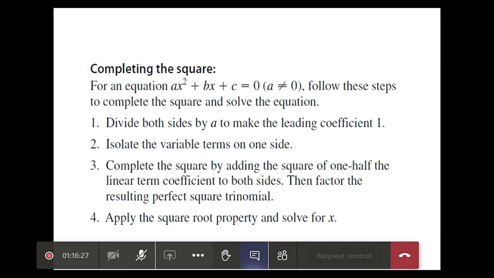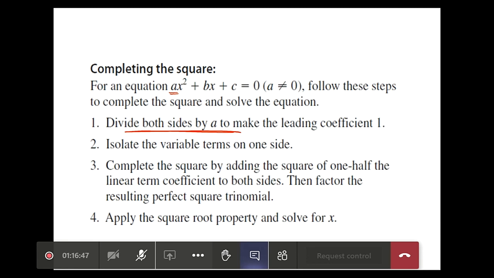Now, sometimes we need to complete the square. Completing the square means our steps. Firstly, we need to remove a, so divide by a on both sides. All terms are divided by a.